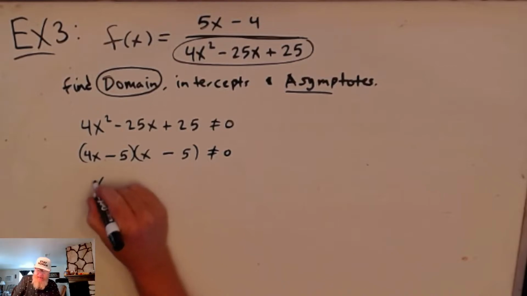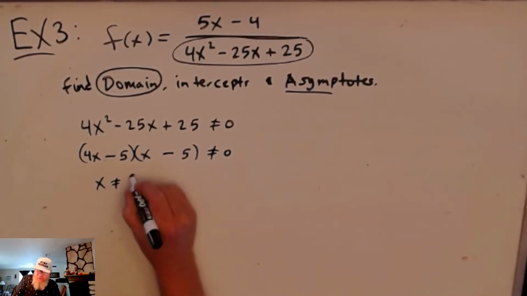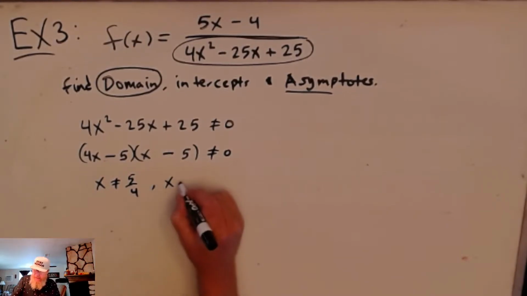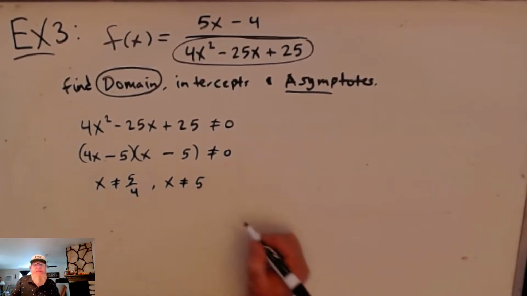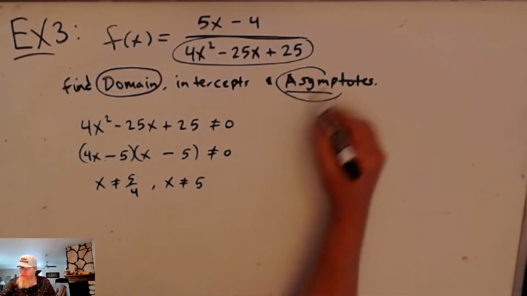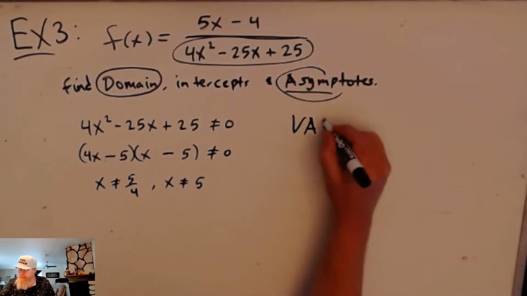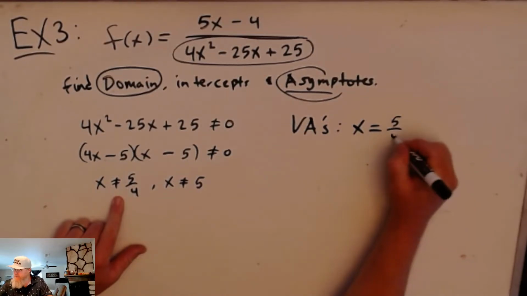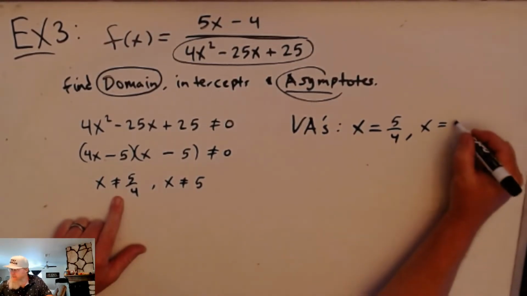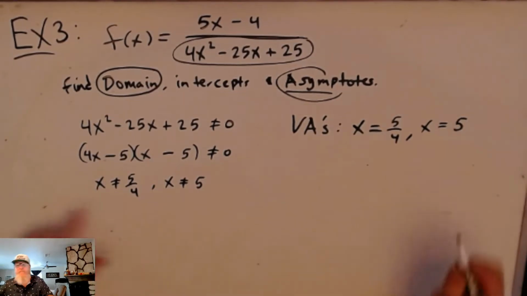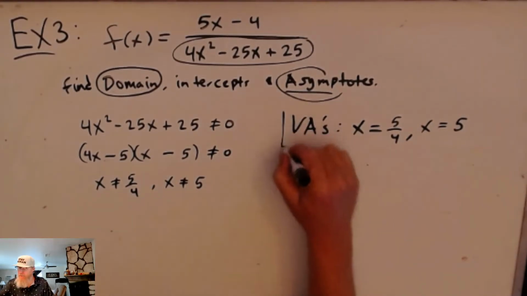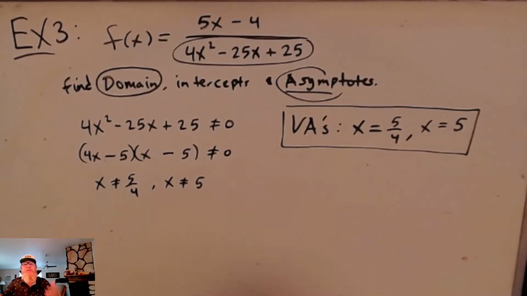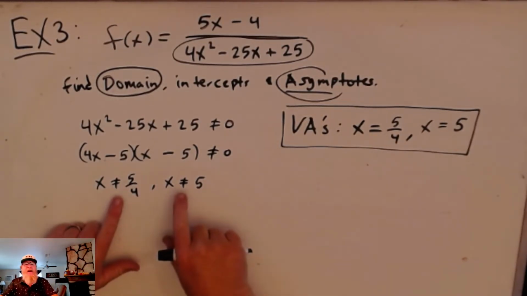So then I get x is not equal to 5/4 for this one, and x is not equal to 5. So notice I also get the VAs. You just change this to equal to. Yeah, so the only difference between vertical asymptotes and domain is the vertical asymptotes are equal to and the domain is not equal to.